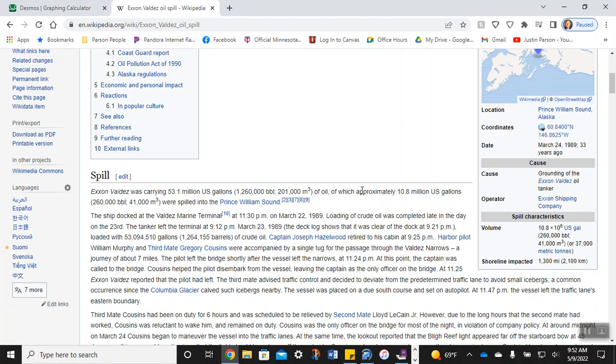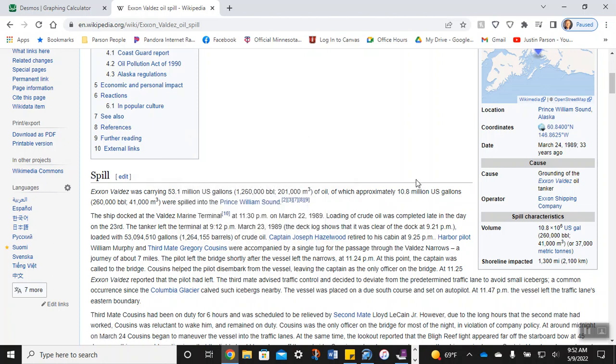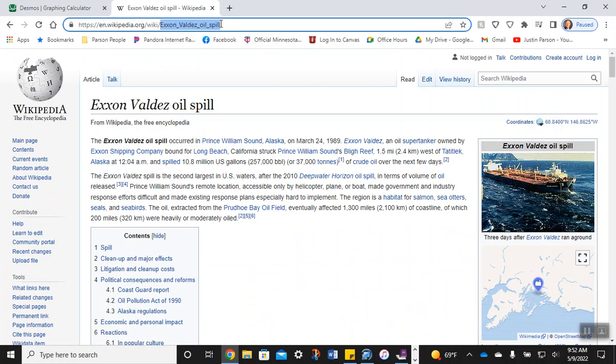This is 10.8 million US gallons, so let's just say this.